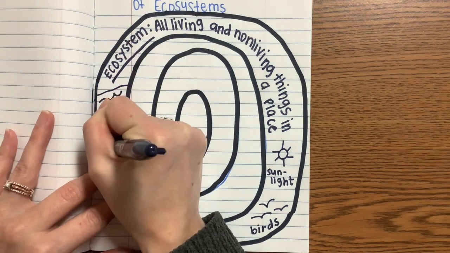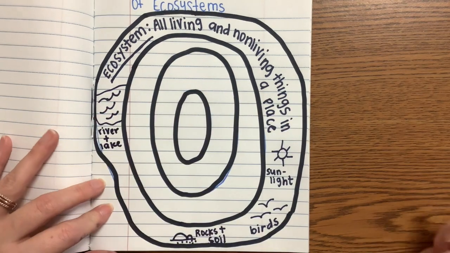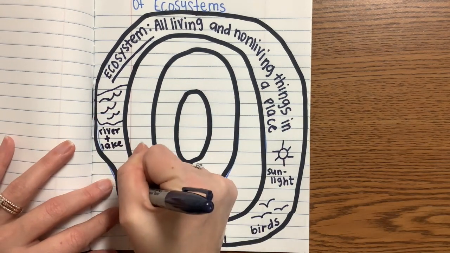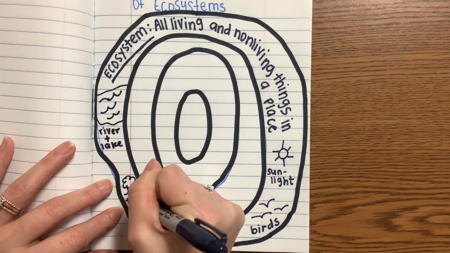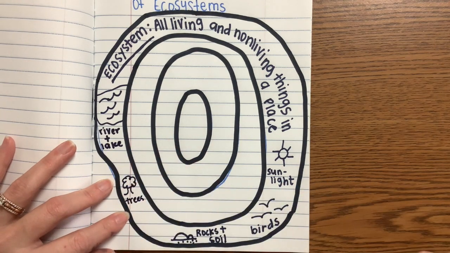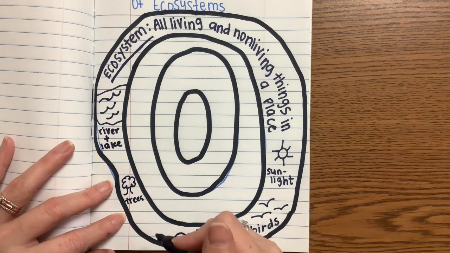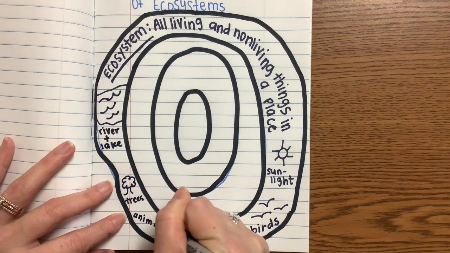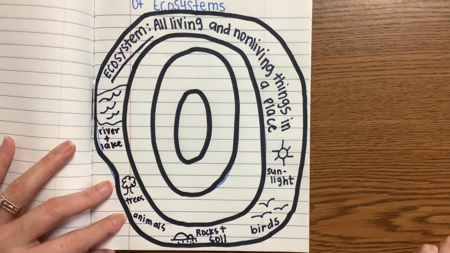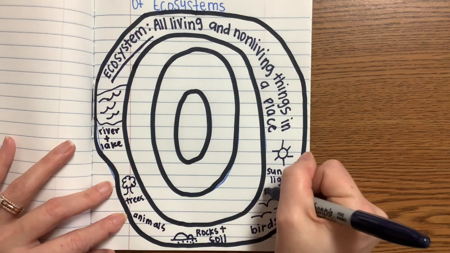River and lake. And then other living things like trees. Animals. I'm just going to write animals. I'm not going to draw a picture because I'm running out of room. Plants. I'm going to write plants.